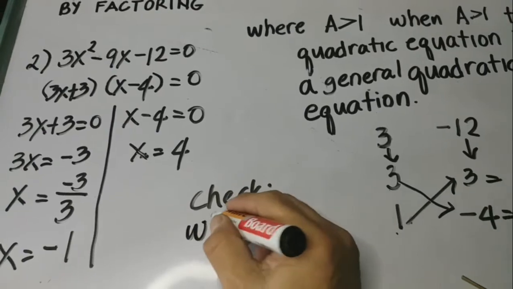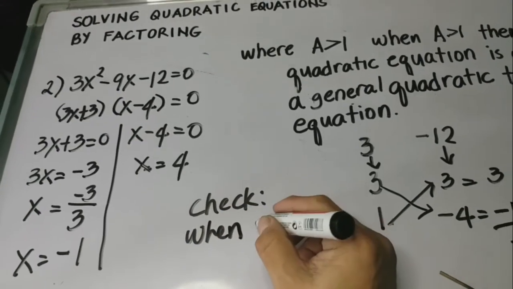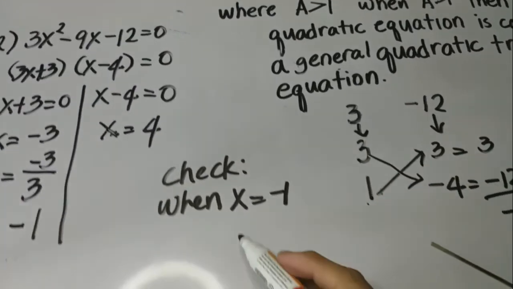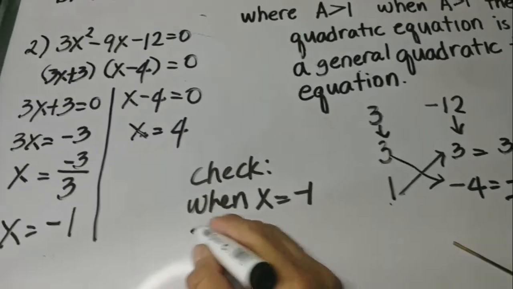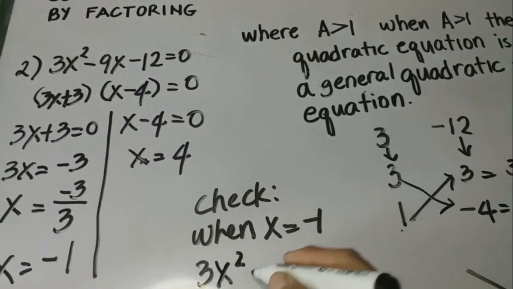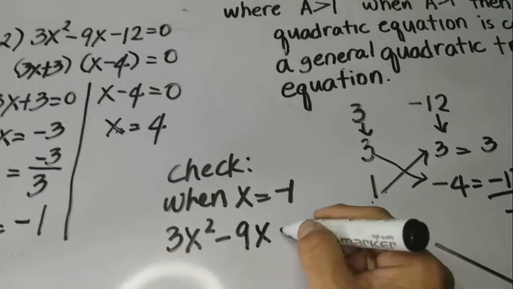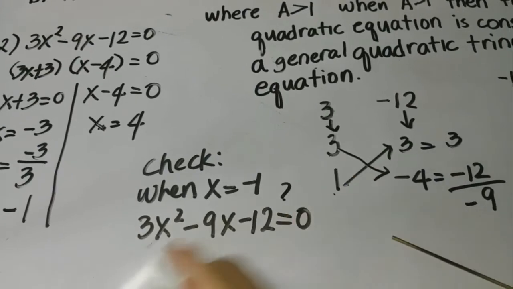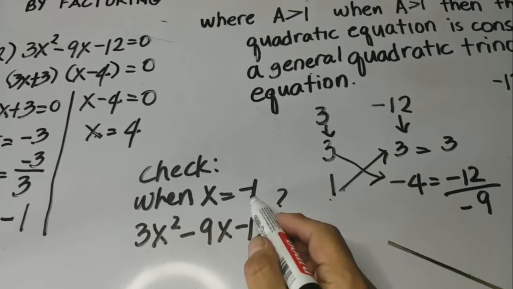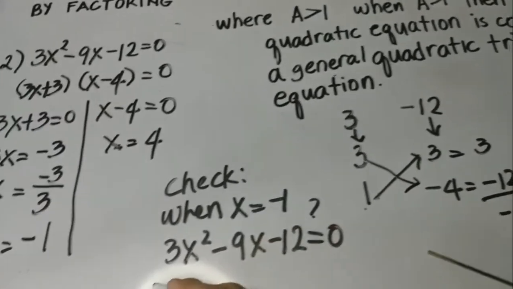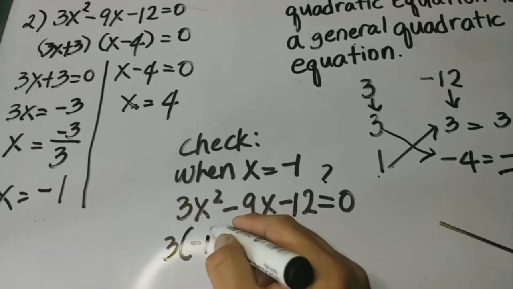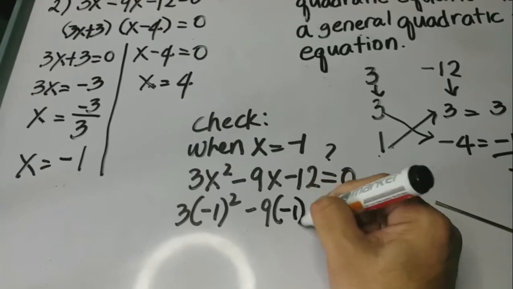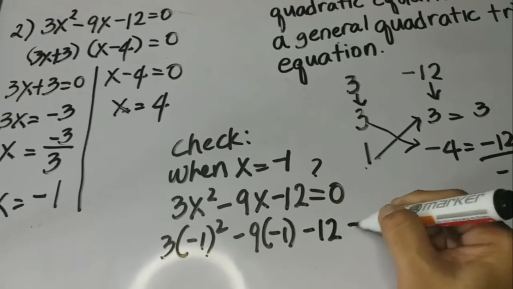When x is negative 1, substitute to the original equation, 3x squared minus 9x minus 12 equals 0. Substituting the value of x, which is negative 1: 3 times negative 1 squared minus 9 times negative 1 minus 12 equals 0.